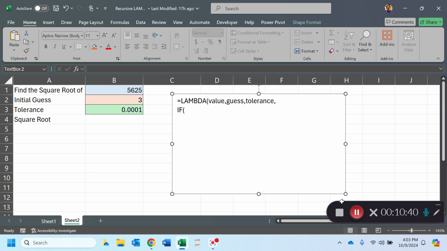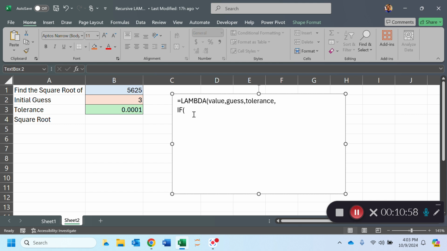So if whatever the guess is, sometimes we may make the best guess and then we may find the number, right? If the guess squared, because that's the square root of the value that we are trying to find, right?